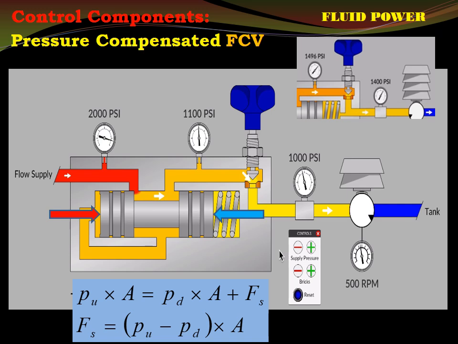How long will it be moving? Till it reaches equilibrium. And when will equilibrium be reached? When Pu, the pressure upstream to this main spool FCV, reaches that value for which it is equalized with Fs. But how can you say the pressure upstream to it will increase?